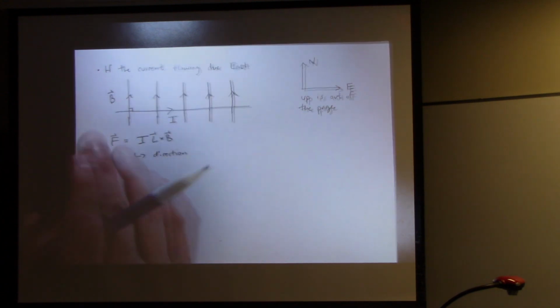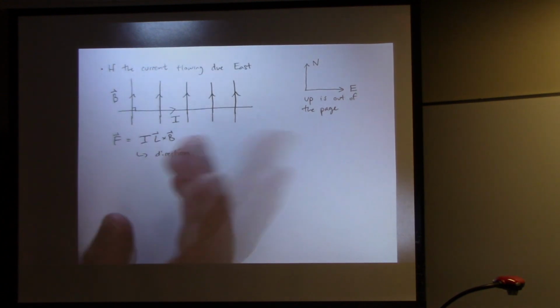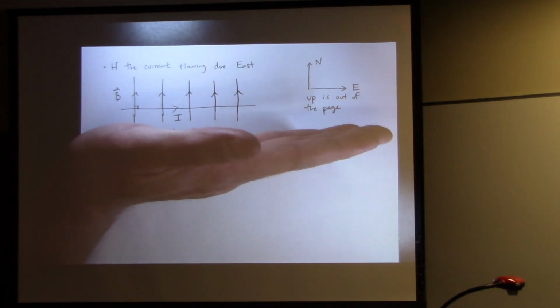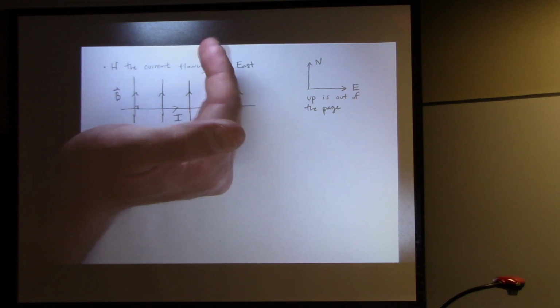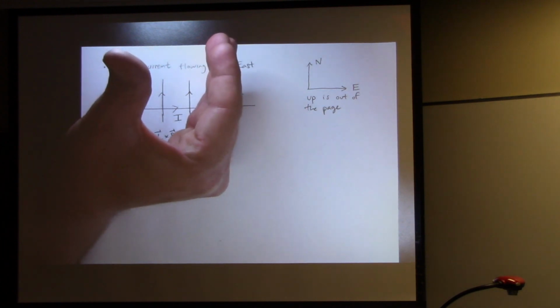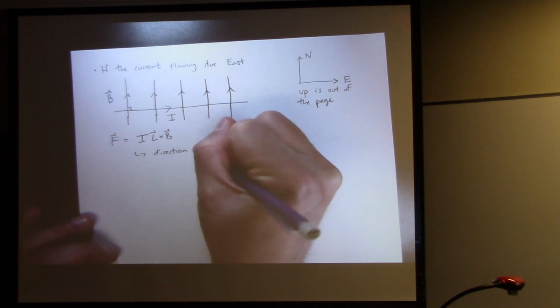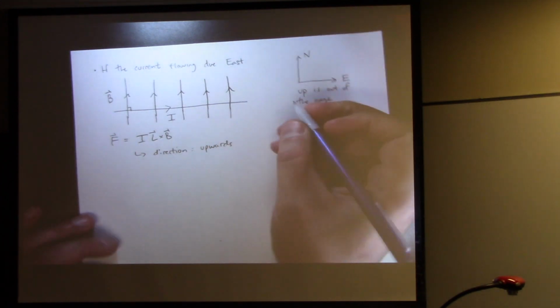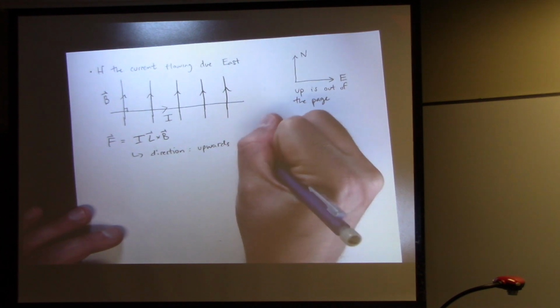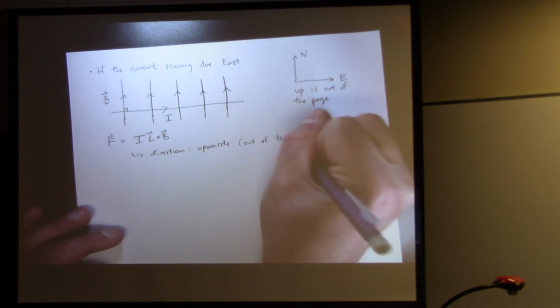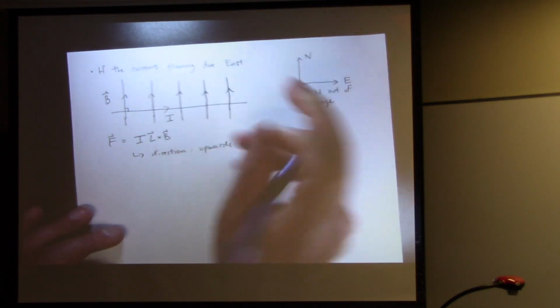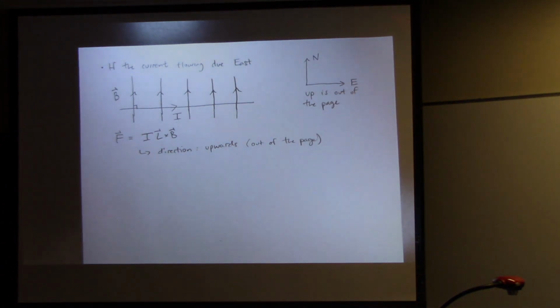I take the fingers of my right hand and point them in the direction of the current, which is this, and then I curl them in the direction of the B field like this. Now my thumb's pointing straight up. So it looks like the direction is upwards. It's out of the page. Quite literally, this power line is going to be pulled up with some kind of force.